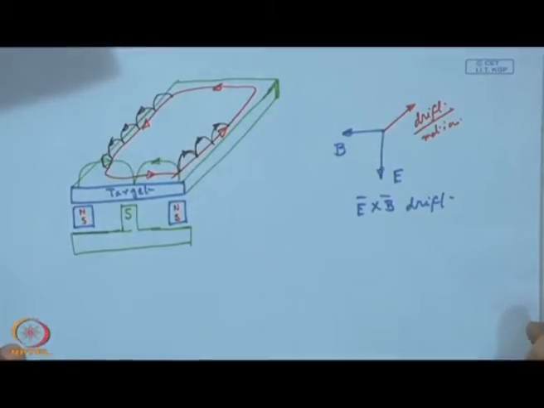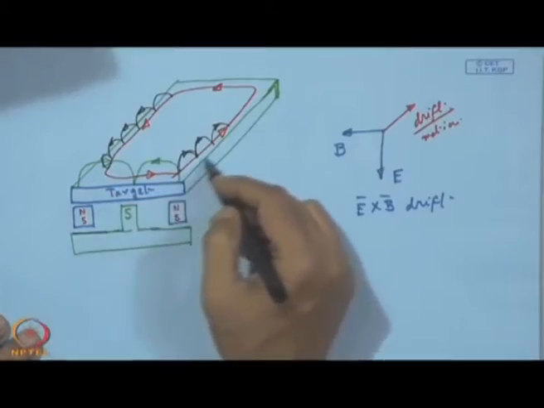Thereby, the chances of collision with more argon neutrals will be more. That means one electron now has the possibility of splitting more argon neutrals into argon ions. So what is going to happen? We have now a densification of the plasma with a heavy ion flux density, that is, bombardment over this target surface.